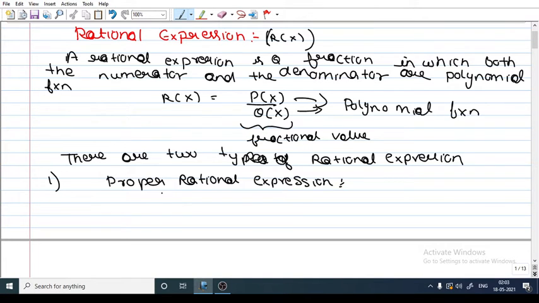What this means? It means a rational expression in which the degree of the numerator polynomial is less than the degree of the denominator polynomial.